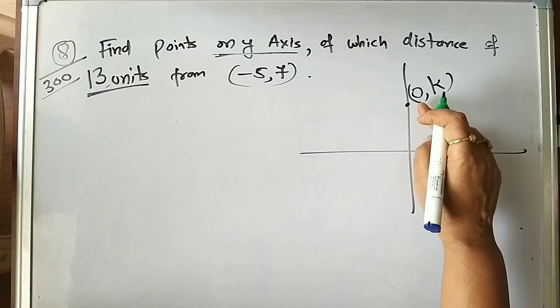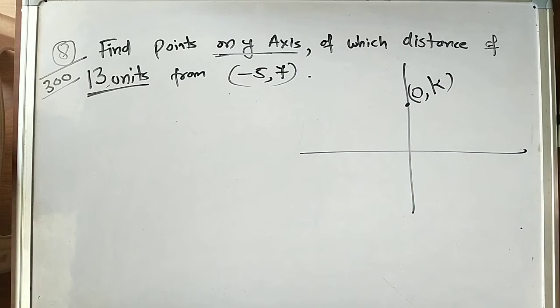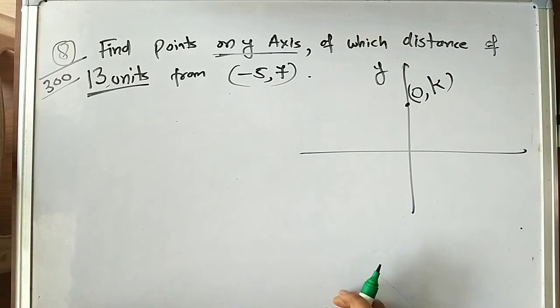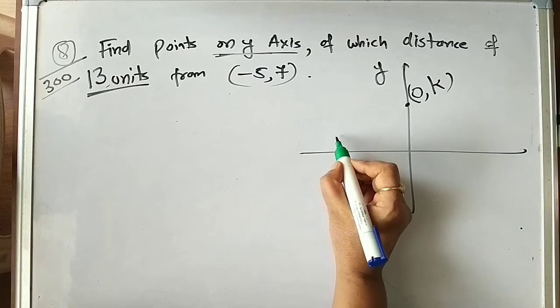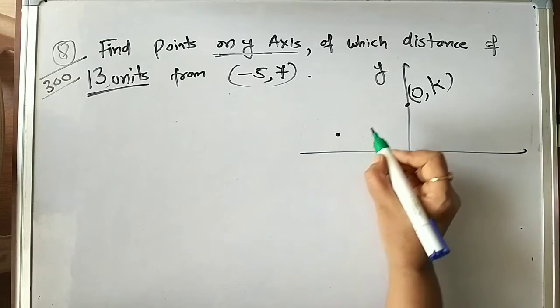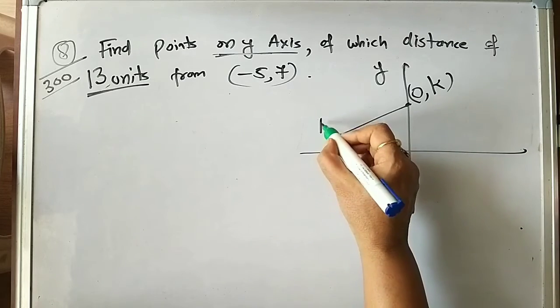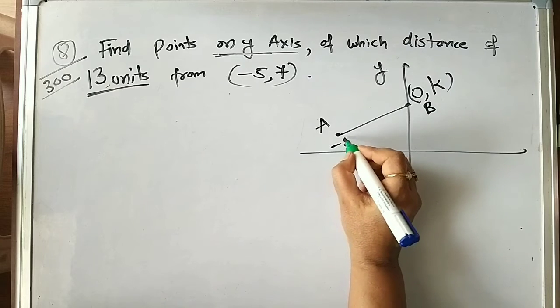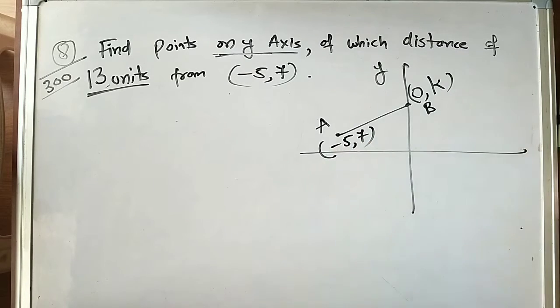Always the x part should be 0. This is my y-axis and the point minus 5 comma 7 may be somewhere here. The distance between these 2 points, this is A and this is B. This point is minus 5 comma 7.